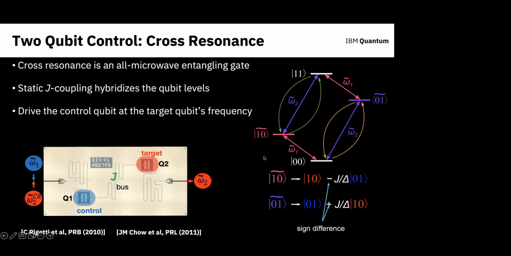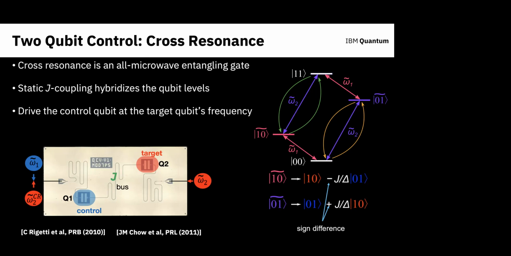So you want to prepare them in separable states, so you can consider how the cross resonance affects your target qubit in the two cases separately. This is a very common experimental technique we use called Hamiltonian tomography. If you're more interested in it, me and this postdoc I work with wrote the chapter in the Qiskit textbook on it. Oh yeah, if you could send a link after, that'd be cool to read.